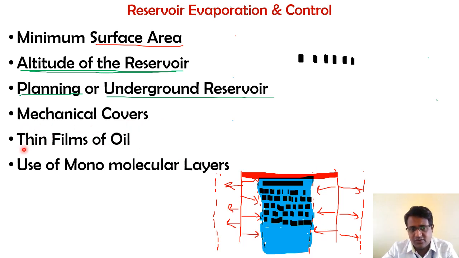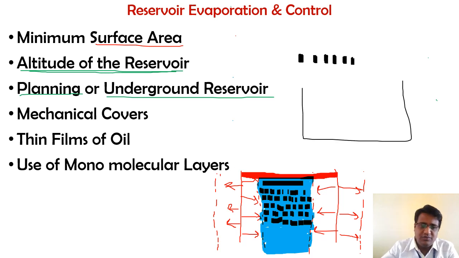Okay, then the use of thin films of oil. Obviously, you know that oil will float on top of water. So if this is the water, below that it is all water.